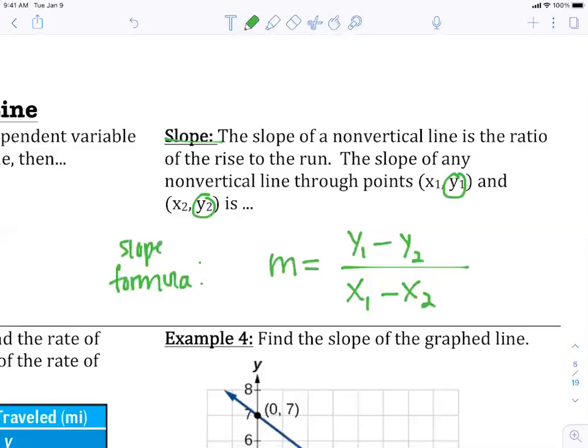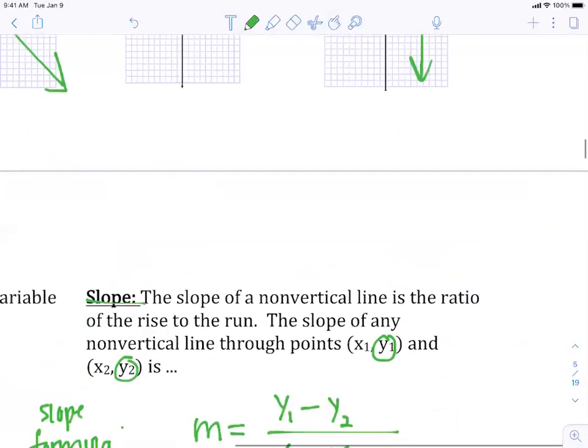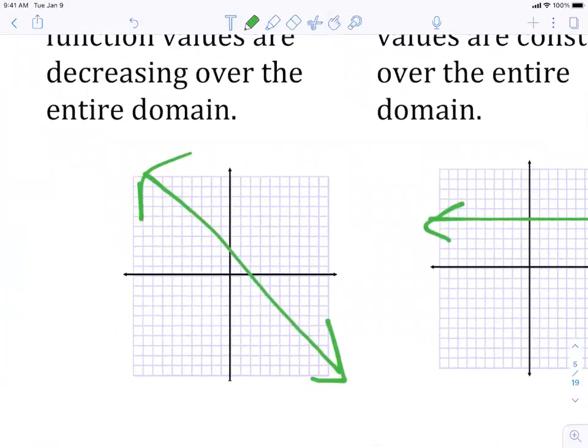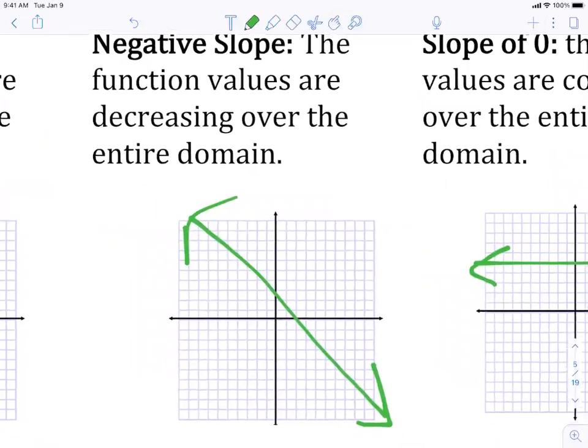Now, the reason why we do this is because to really calculate how steep something is, steepness has 2 different directions. Let's look at our negative slope one from up here. When you calculate how much you're actually decreasing, we have to measure in 2 dimensions.